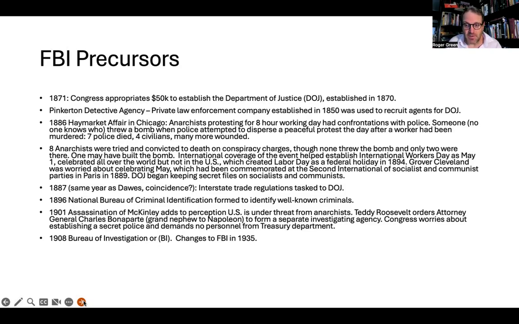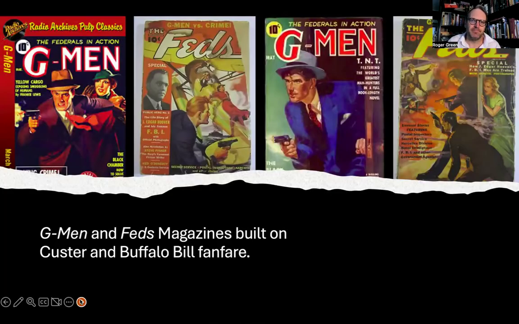Congress at the time worried about establishing a secret police and demanded no personnel from the U.S. Treasury Department can participate in these organizations that are the precursors to what becomes the FBI. So in 1908, the Bureau of Investigation is formed, and then it becomes the FBI, Federal Bureau, in 1935.